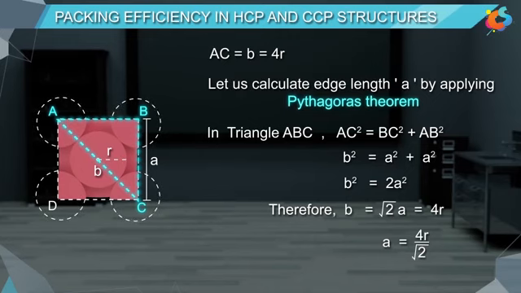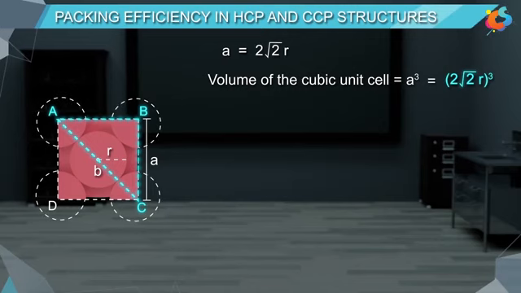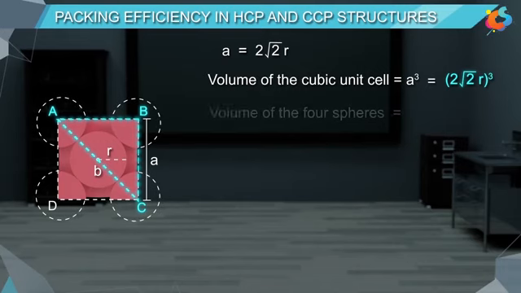Volume of the cubic unit cell is equal to a³, which is equal to (2√2 r)³. We know that each unit cell in face-centered unit cell or CCP structures have 4 spheres or atoms.